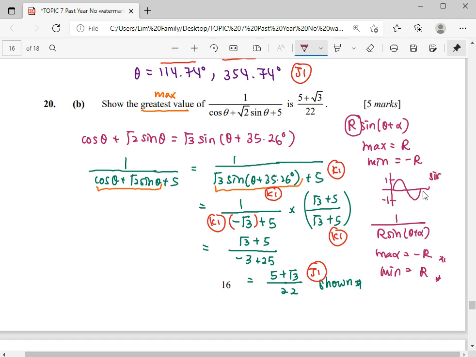Ini untuk sin theta saja. Kalau depan tu dah darab A, bermaksud amplitude graph tu akan darab A. So itu yang saya boleh dapat bila kita dapat A sin theta plus alpha, maximum amplitude ialah A, sebab A darab 1. Bahagian sin ni maksimum 1, minimum negatif 1. So bila dia darab dengan negatif 1, dia jadi negatif A lah. So itu yang untuk bahagian yang biasa ini dulu.